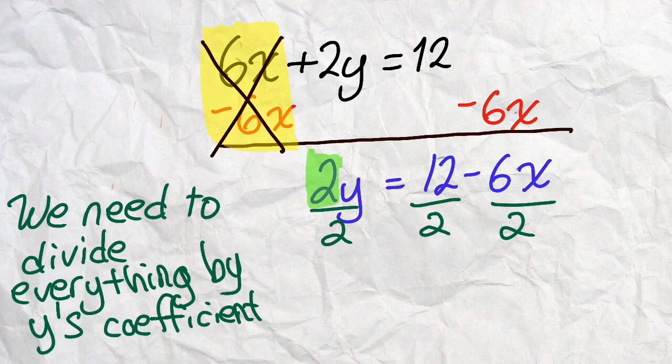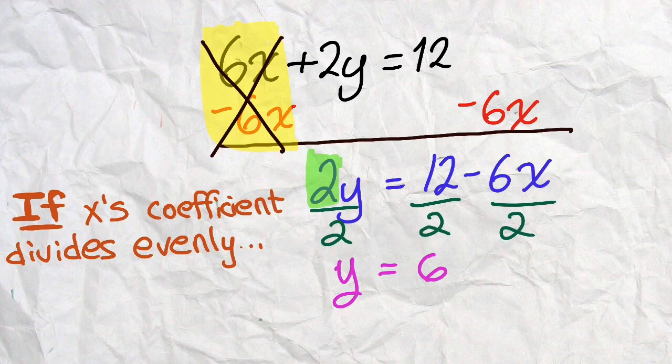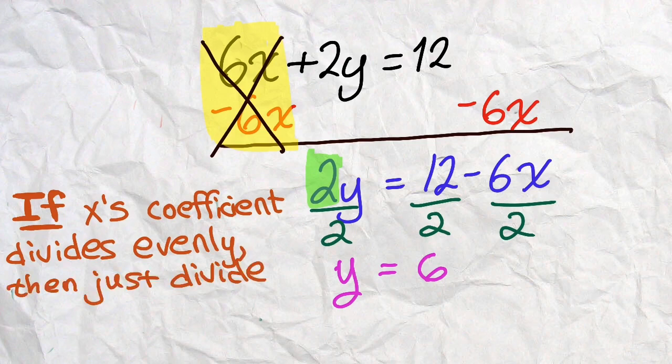Now the answers to those three questions can be achieved simply by doing the division. 2y divided by 2 is y. 12 divided by 2, whether you're using fingers or a calculator, should get you 6. And then, if x's coefficient divides evenly, like negative 6 divided by 2, then just divide.